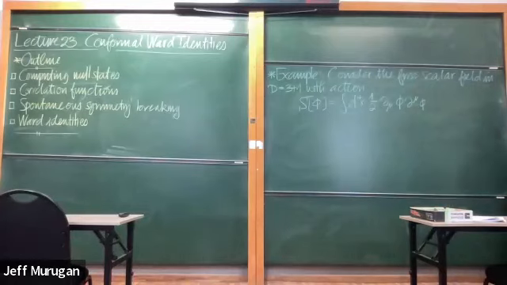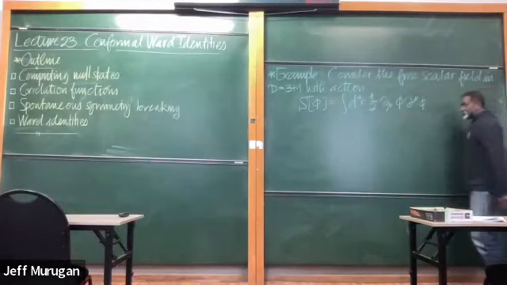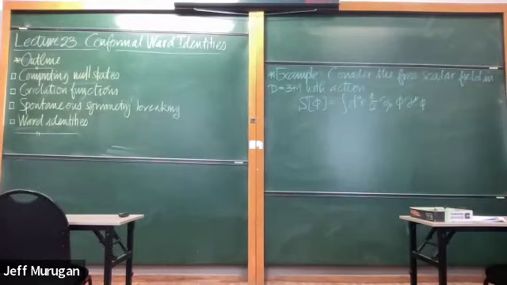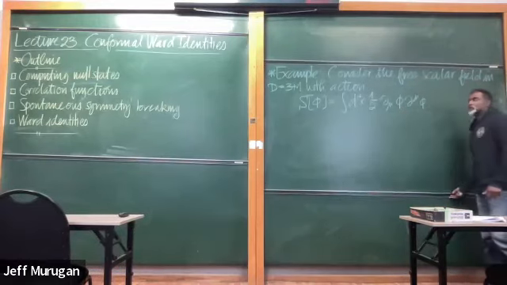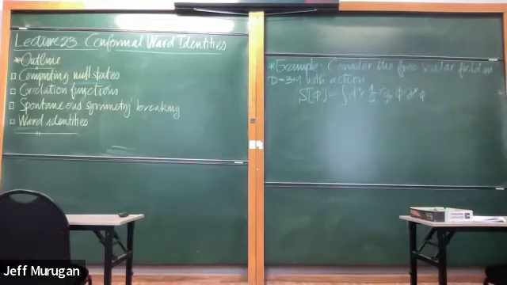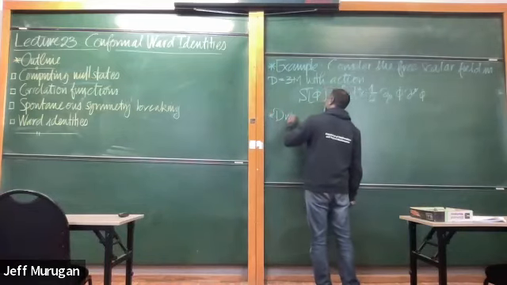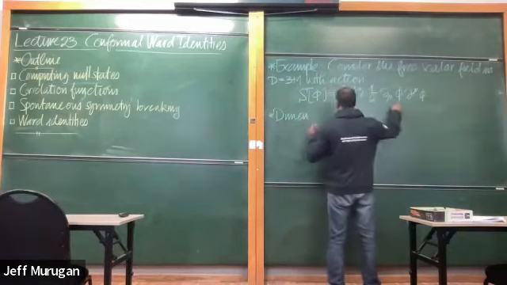What I want to show you is that if I take this to be a primary field, so I've got a scalar primary on my hands, that the level 2 descendant of this field has zero norm. So it's a null state of the theory. Okay. But before I get there, we should do some dimensional analysis to determine the scaling dimension of this guy.